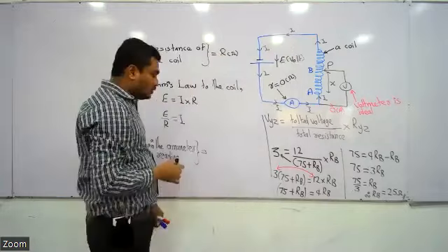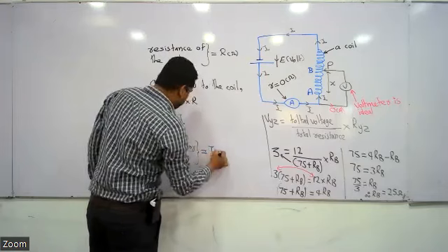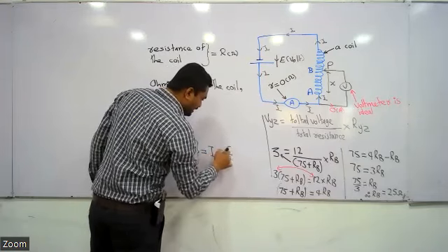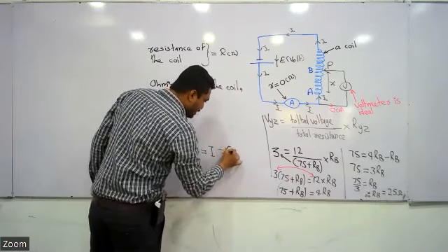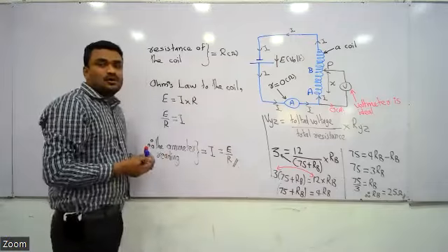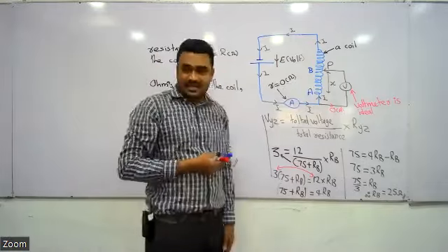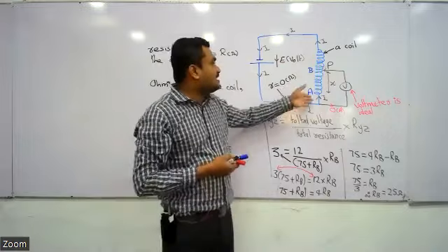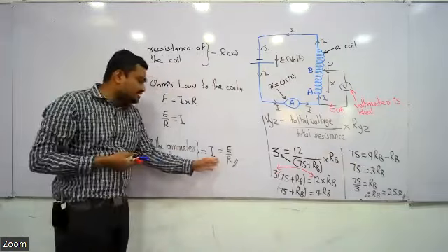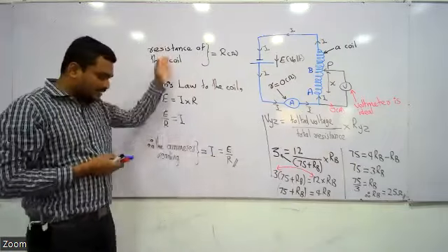Ammeter reading is I. I is E over R. So what is your decision here? Is the current constant or not? Wherever this slider is, the entire current flows through the coil. Therefore, the current in the circuit is constant. Got it? Write them all.